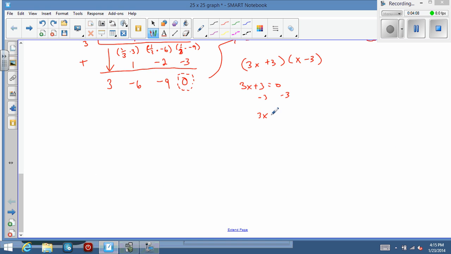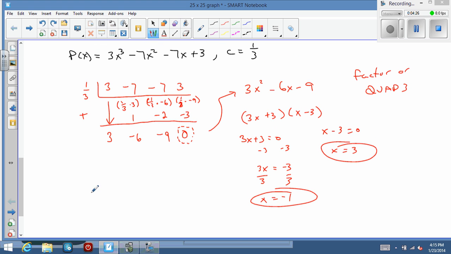You get 3x equals -3. Divide by 3 and you get x equals -1. When we set x minus 3 equal to 0, we get x equals 3. So those two are the remaining zeros. So for all of our zeros, we have 1/3, -1, and 3.